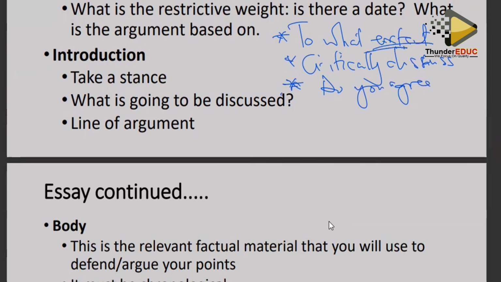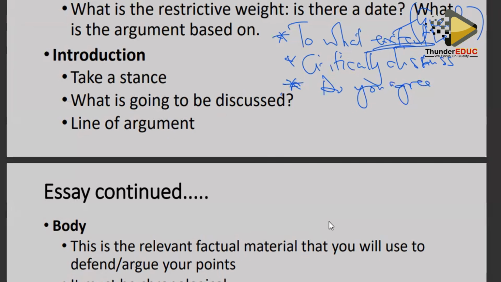You want the extent, so it means it's either a greater extent or a lesser extent, depending on your argument. Whenever you're answering this question, address the extent part. Take a stance, take a line of argument based on the direction of the argument, either greater extent or lesser extent.